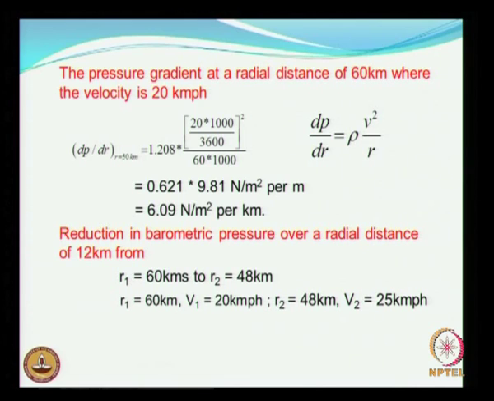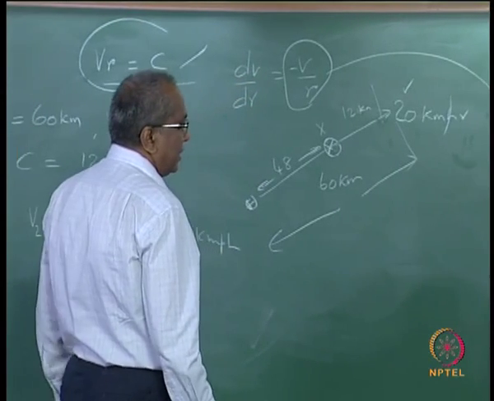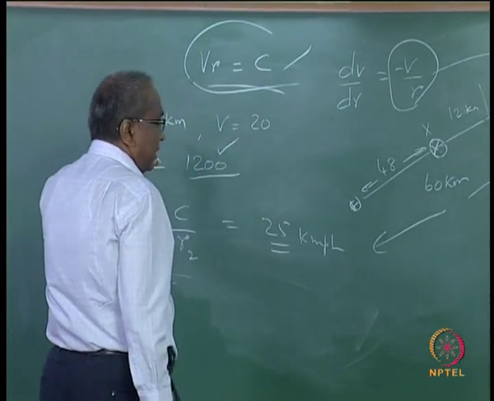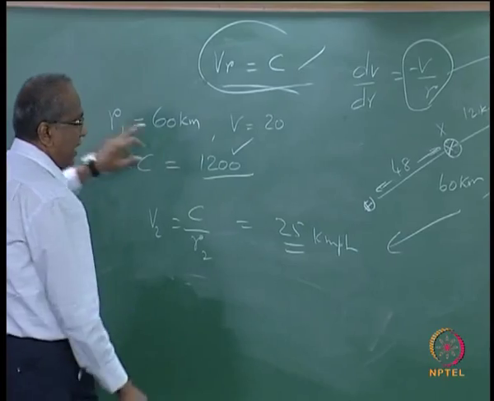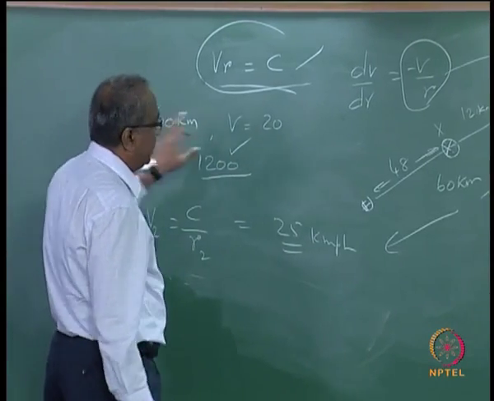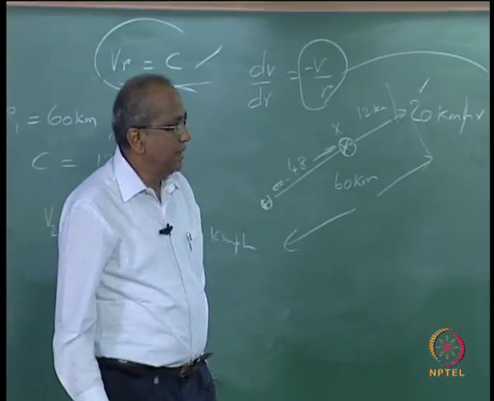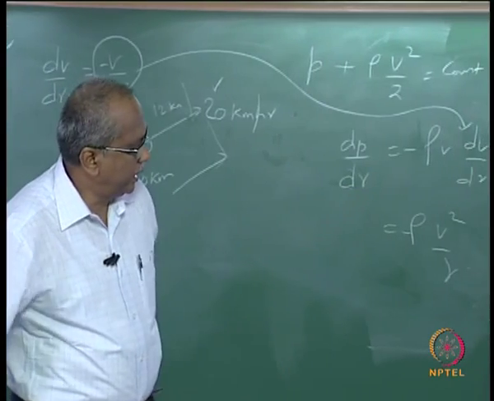Similarly, for the reduction in the barometric pressure over a distance of 12 kilometers, R1 is 60, R2 is 48, and V1 is known to you.